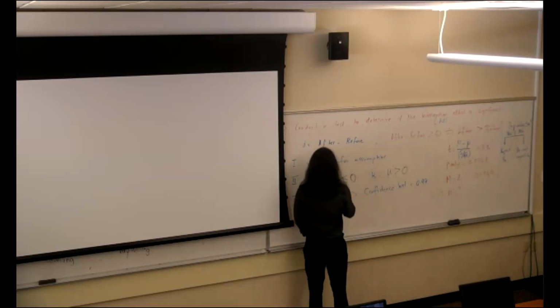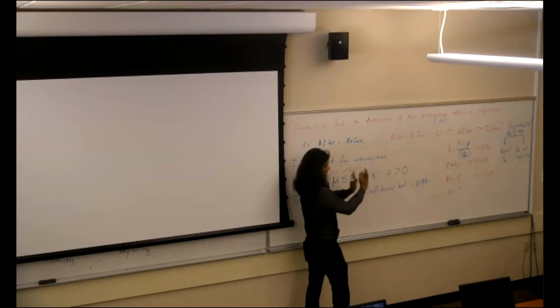Is 0.48% less than 1%? Yes. So the flowchart says go this way, you reject the null. And going back to day one, null means nothing, no effect. Alternative, you have a significant effect.